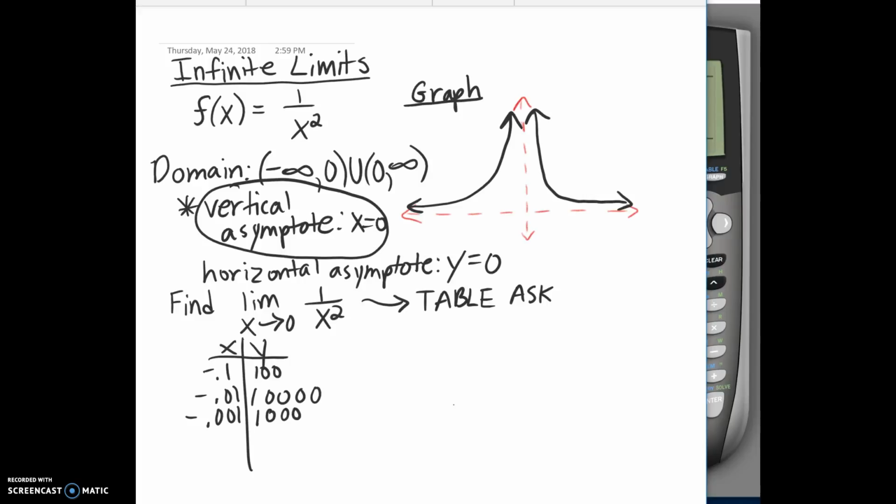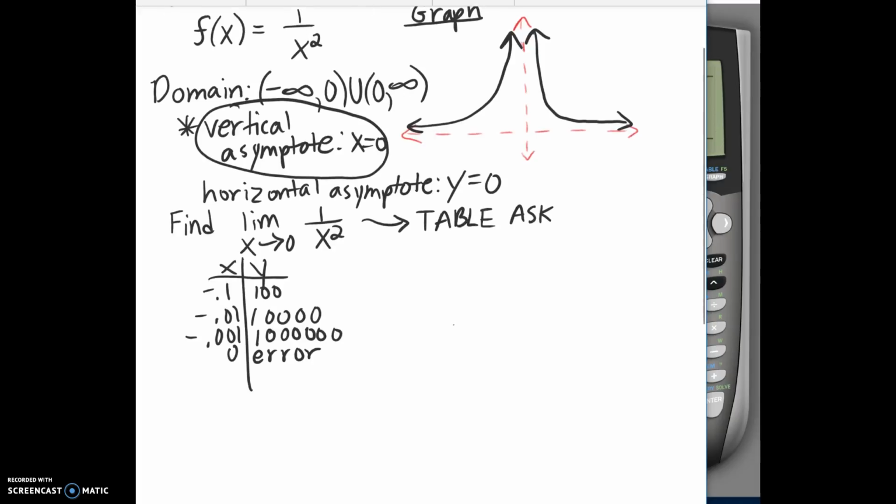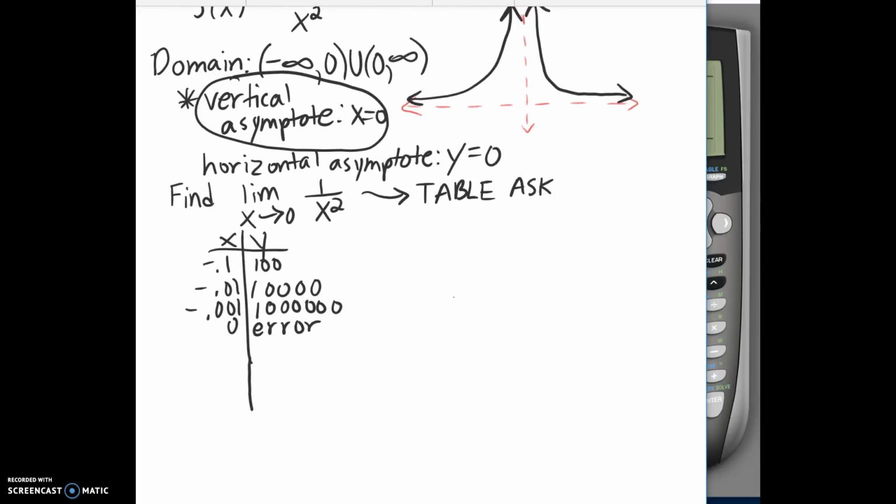So 1, 2, 3, 4, 5, 6. Then at 0, we get our error message. So you'll notice the balance in our table. We have the error now because of the vertical asymptote.